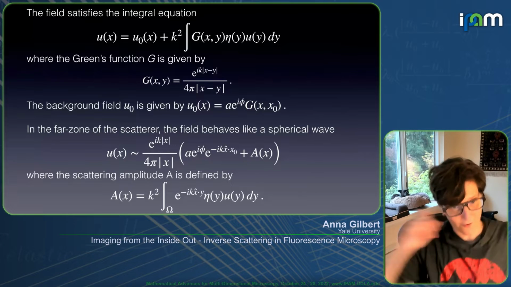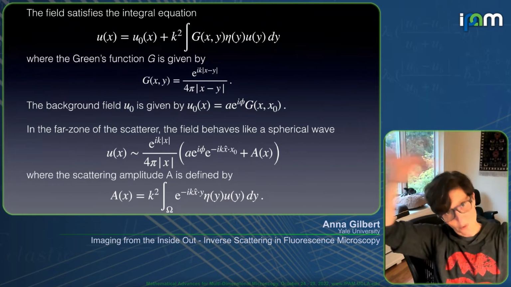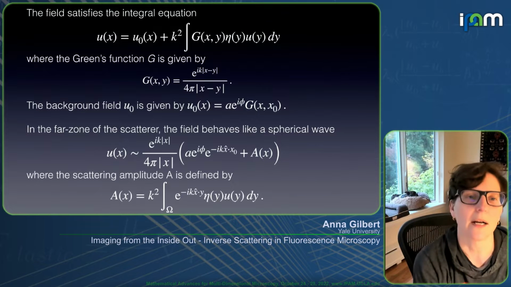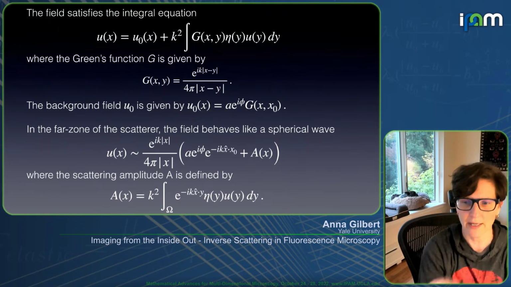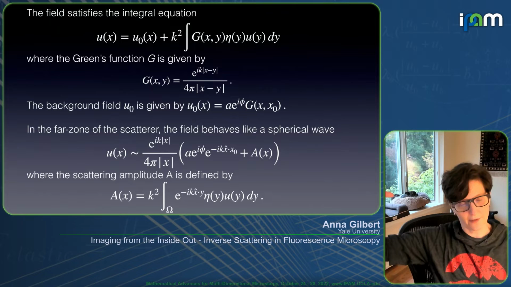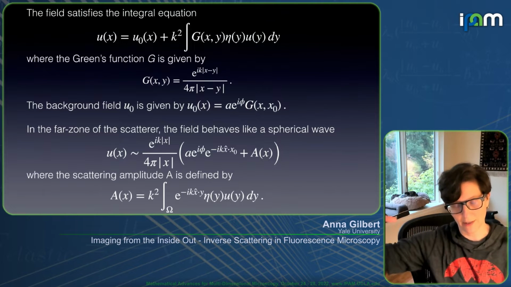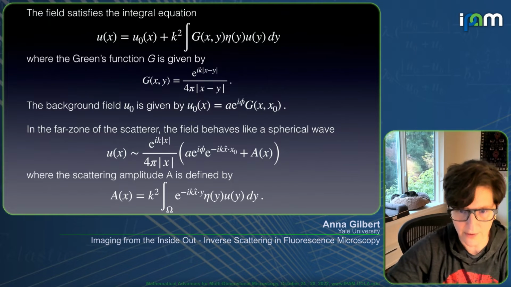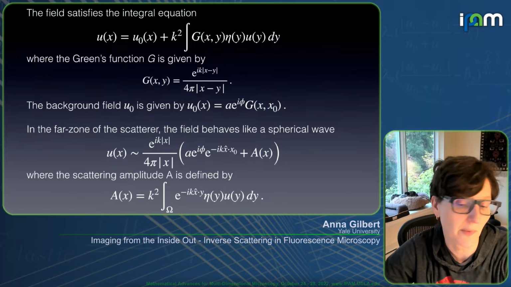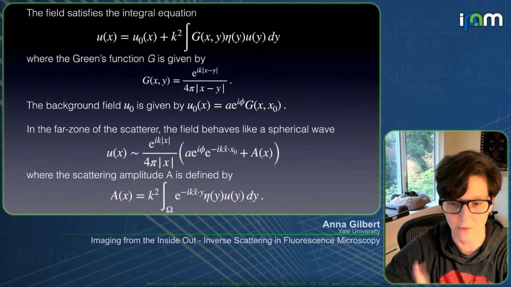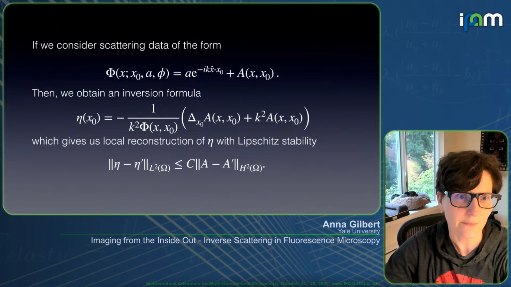And then in the far field from the scatterer, this field behaves like a spherical wave, and the scattering amplitude is given by this integral that depends on the susceptibility of the medium. This is what we're trying to figure out.